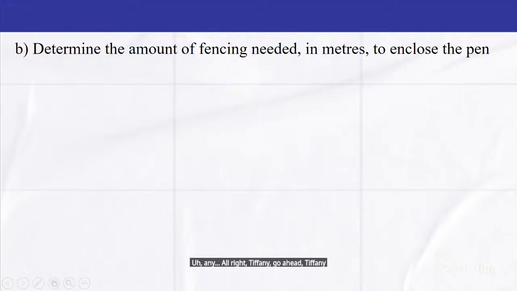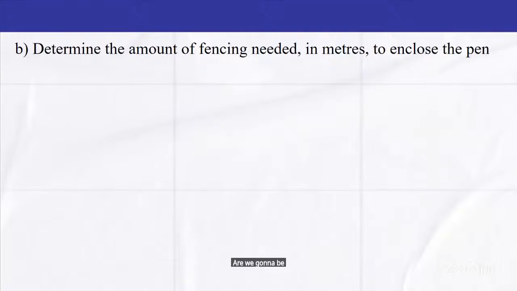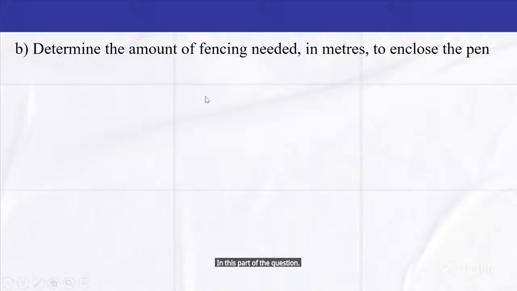We're asking you, what concept do we need in order to determine the amount of fencing needed in meters? Are we going to be finding the length, the width, the area, the perimeter, the volume? What are we finding in this part of the question? Share with us. Miss, is it the perimeter? Can you briefly tell us why you're saying it's the perimeter?